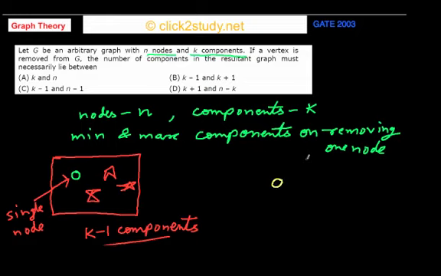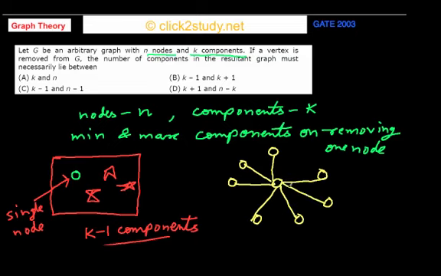So think about this graph. This is one node, and these are the other nodes that are connected to this node like this. So think about this example. This is some graph, and it has only one component in the beginning, and then you have to remove one node.